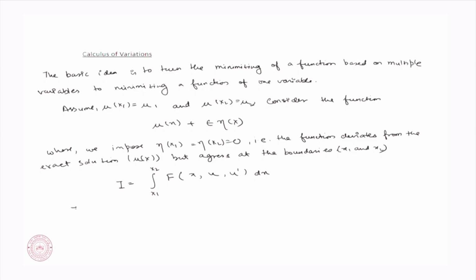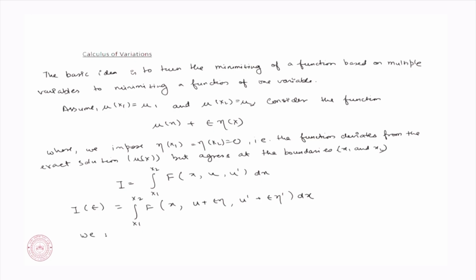Now, we can convert this I in terms of epsilon, we can replace this u and u prime in terms of u of x plus epsilon eta of x. Okay. So, this is the integration from x1 to x2 of F of x, u plus epsilon eta, u prime plus epsilon eta prime, dx. Okay.